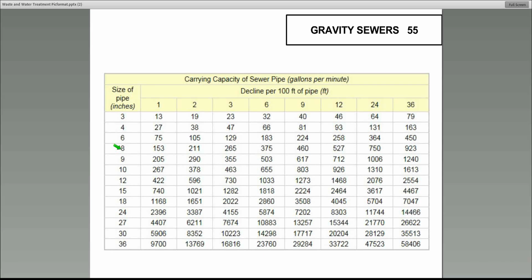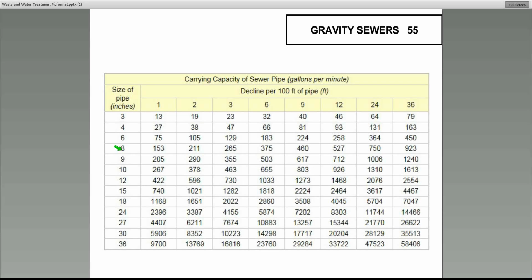Even though some of the sewers from the house to the sewer may be as low as 3, 4, 6 inches, the engineering design would normally entail the 8 inches or larger. And here's your slope and decline per 100 feet. There's 1 foot per 100 feet up to 36 and 100 feet.